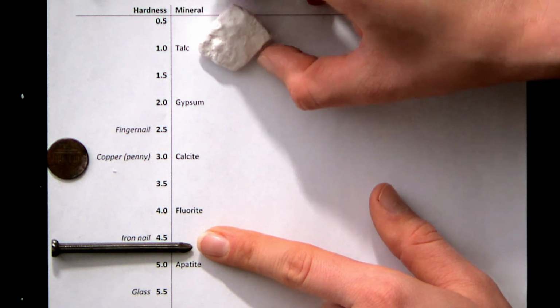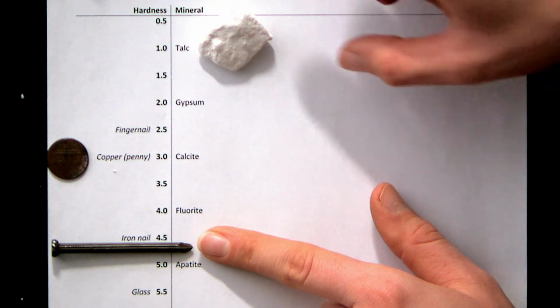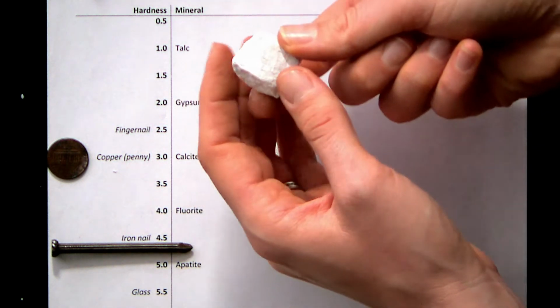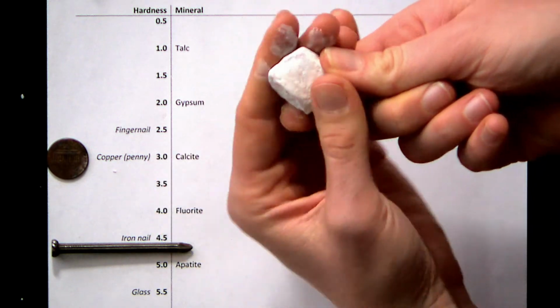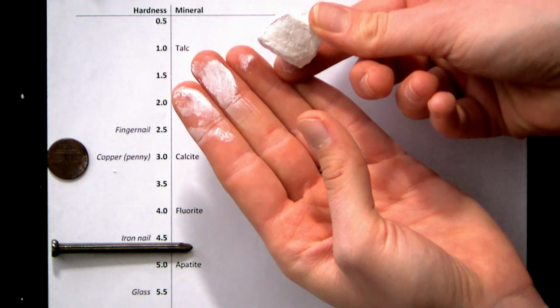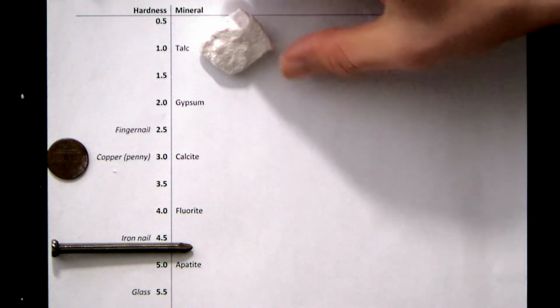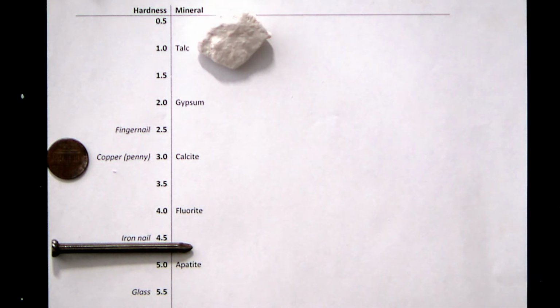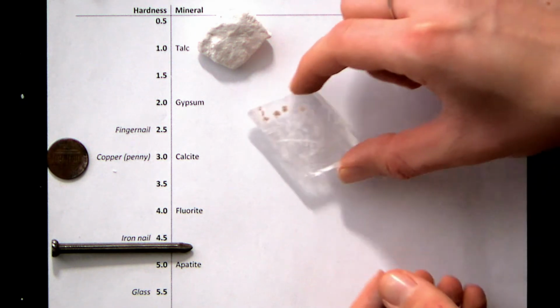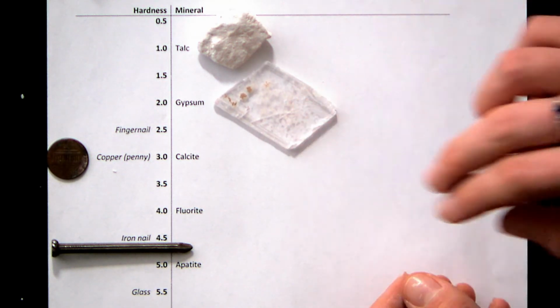Talc is our first mineral on the Mohs hardness scale, and it is the softest. As you can see, it rubs off on your fingertips. Talc is what makes up talcum powder, by the way. Representing the value of 2 is gypsum.